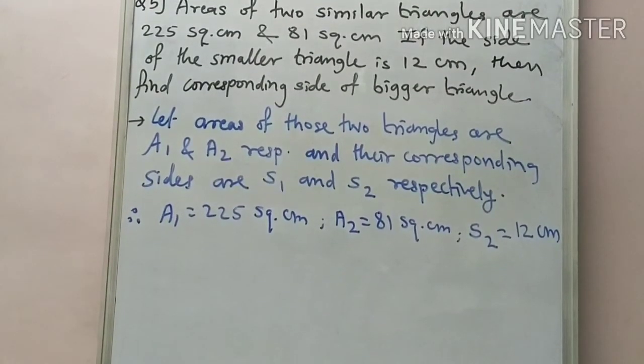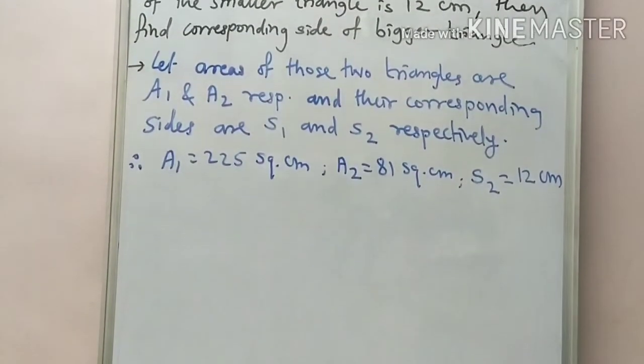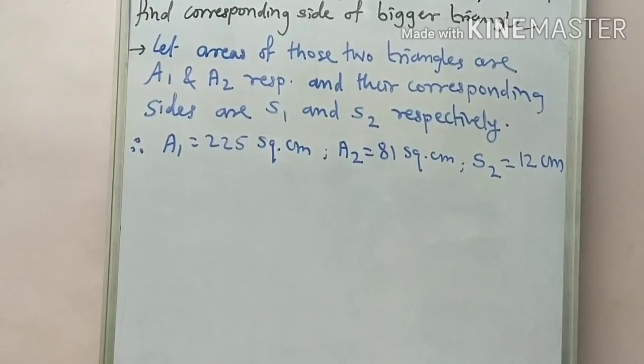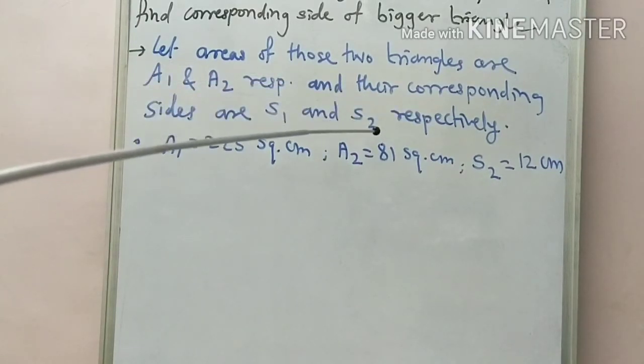Okay, so here again we won't name the two triangles. We just consider that the areas of those two triangles are A1 and A2 respectively, and their corresponding sides are S1 and S2 respectively.